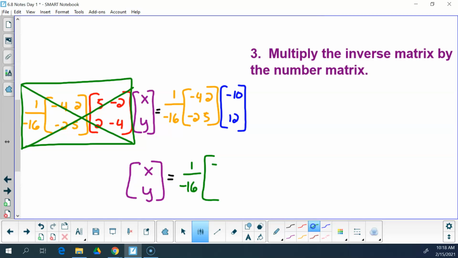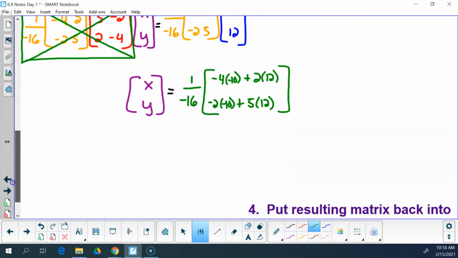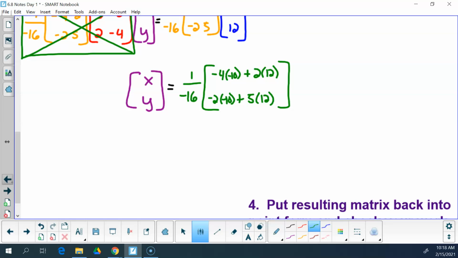And so then this would be negative 4 times negative 10 plus 2 times 12. And this would be negative 2 times negative 10 plus 5 times 12. Negative 4 times negative 10 is 40. 2 times 12 is 24.